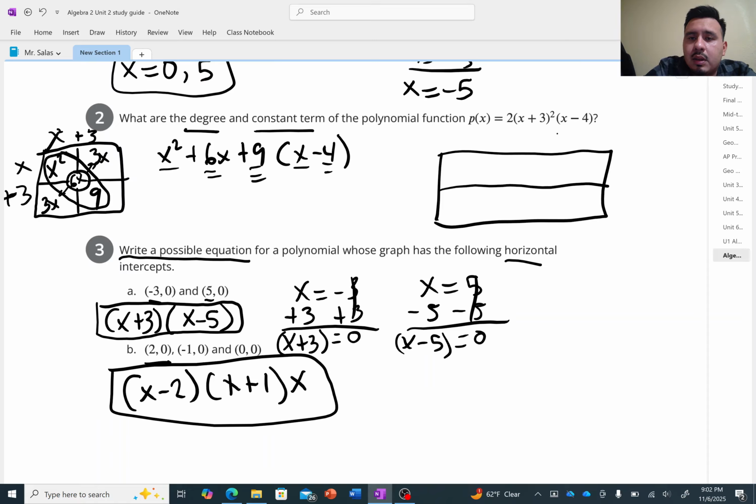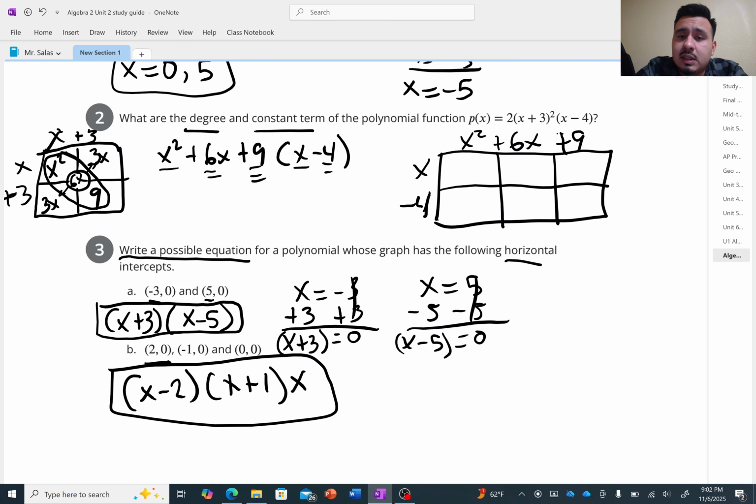So it's going to be x minus 4, and then this is going to be x squared plus 6x plus 9. Don't forget about the signs. The signs usually help.